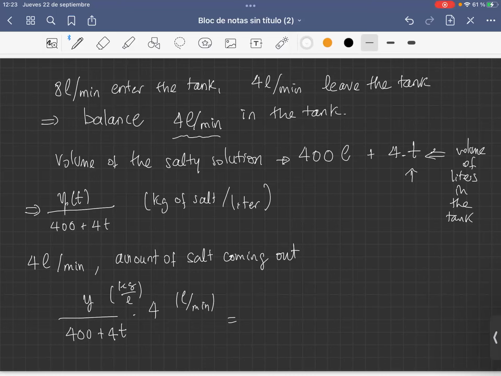So that means that Y divided by 100 plus T is gonna be the kilograms of salt per minute that come out.